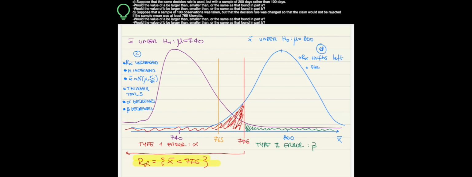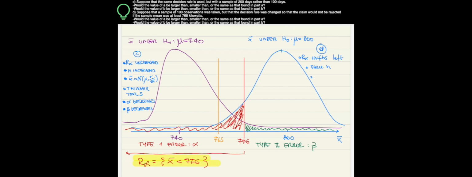The n is the same, so n is 100. What happens to alpha and beta? This is maybe easier to check. So this was alpha before, right? Alpha becomes much smaller, decreases.